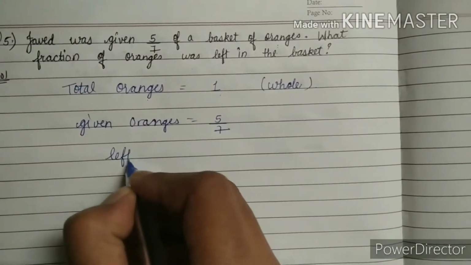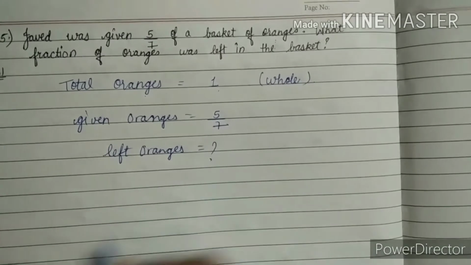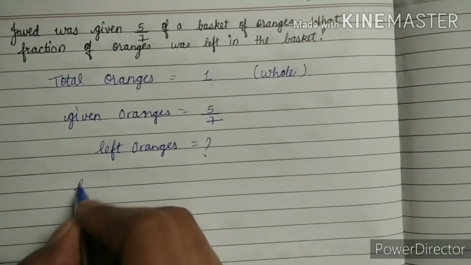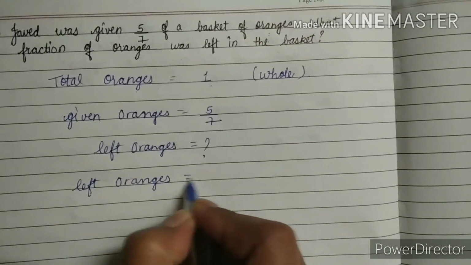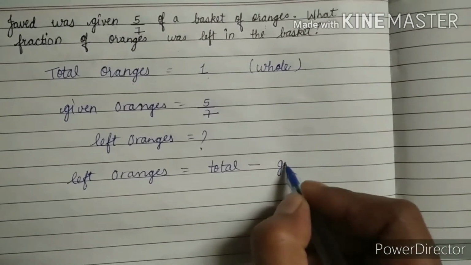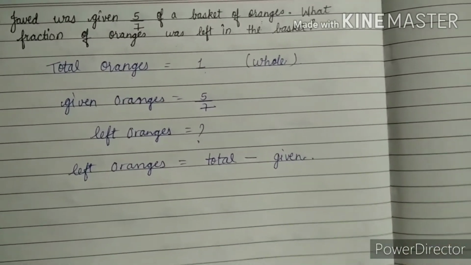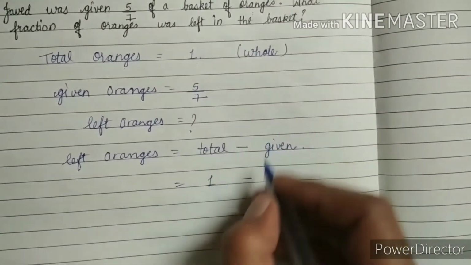What do we have to find? The left oranges. It can be found as total minus given. You can see total is 1 and given is 5 by 7.